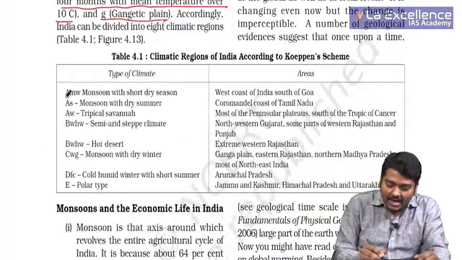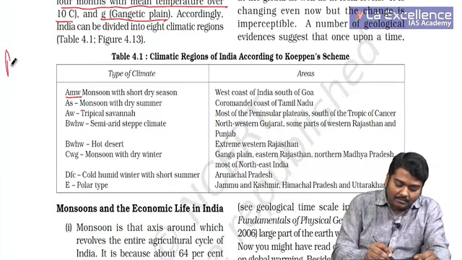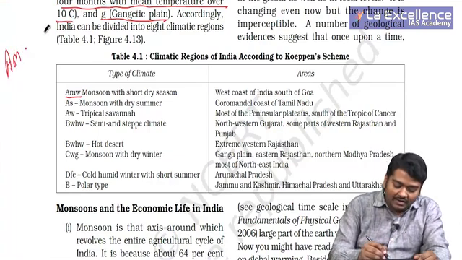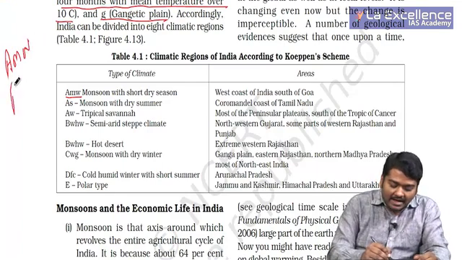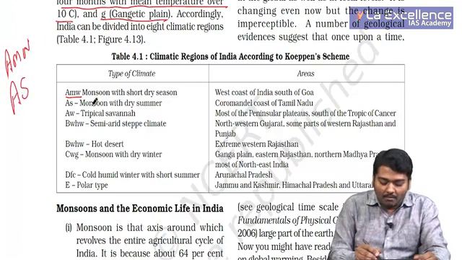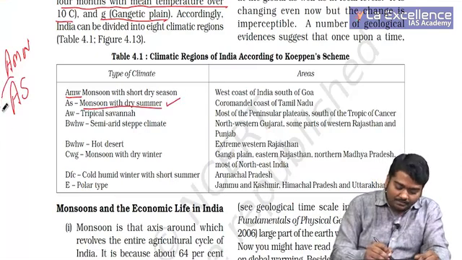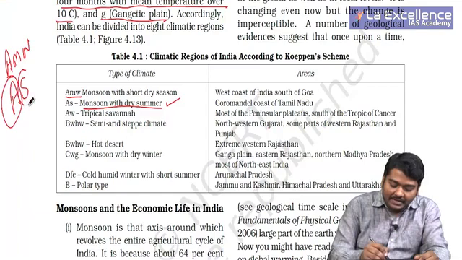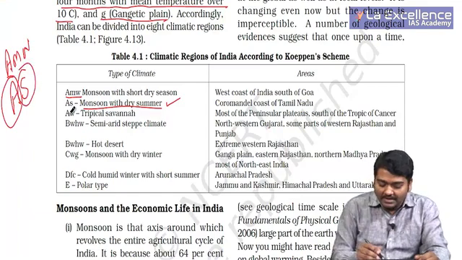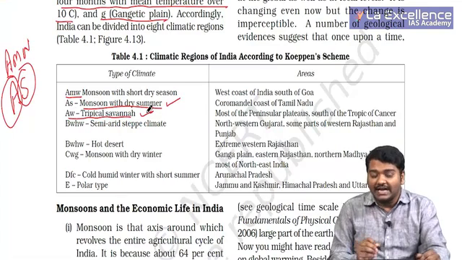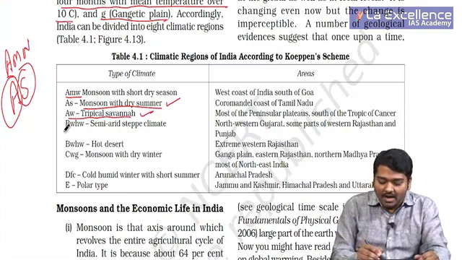Can you see AMW? A means tropical, M means monsoon, and there will be short dry season. AS, monsoon with dry summer. There will be monsoon, but there will be dry summer, right? AW, leeward side where grasslands are usually present.